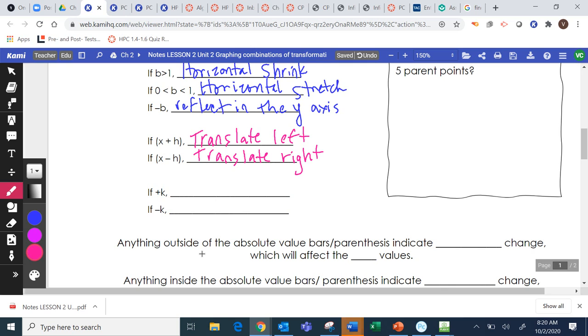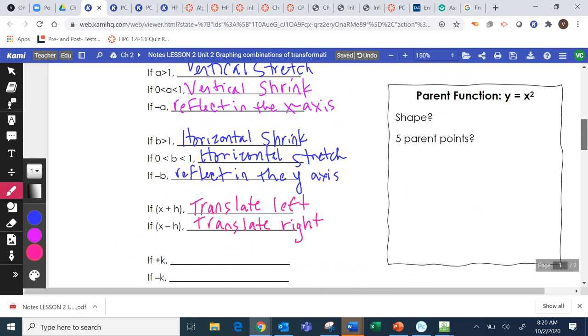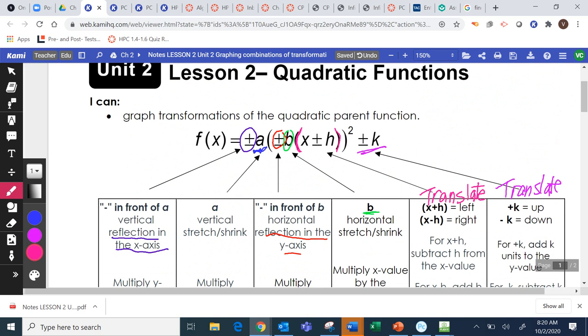Do you have a question? Yeah, for the b, I'm still confused on the structure of the reciprocal. So if b was 1/2 in the equation here, when I pull that out and put it in my table and go to multiply by the number, I'm not going to multiply by 1/2. I have to multiply by the reciprocal because that's horizontal, and we always do the opposite operation.